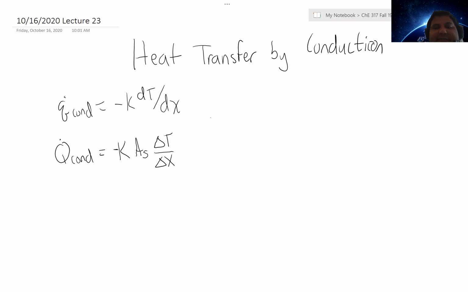Now, one thing I don't think I've mentioned yet is signage in terms of heat transfer.